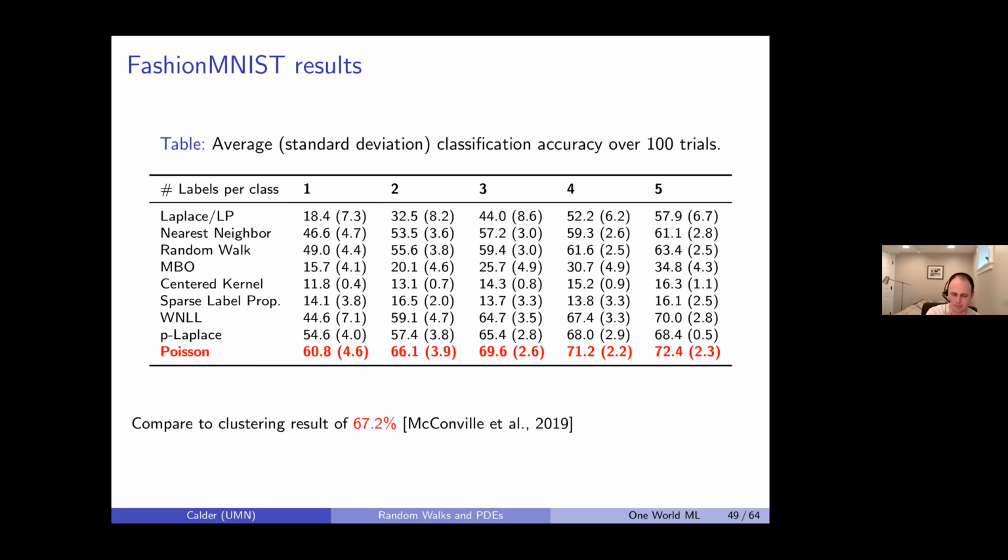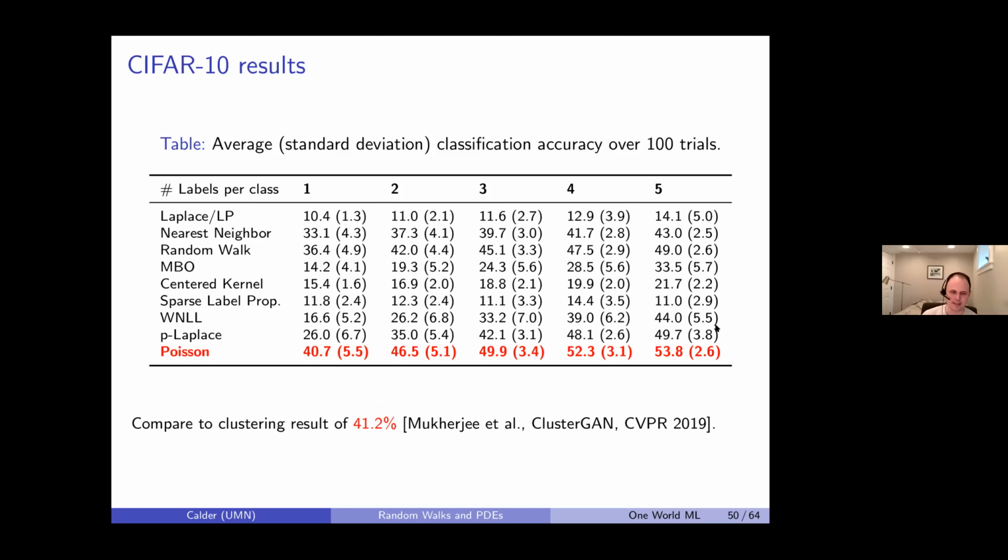So if you look at the best clustering results that people are seeing for these data sets, there's a 2019 paper by McConville, who got 67% accuracy clustering Fashion MNIST. We can exceed this with only a handful of labels per class. And the same for CIFAR-10. You get worse results, but the same trends persist. Again, the clustering results here are in the low 40s or so.